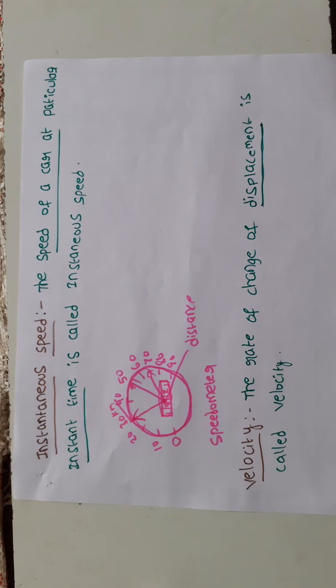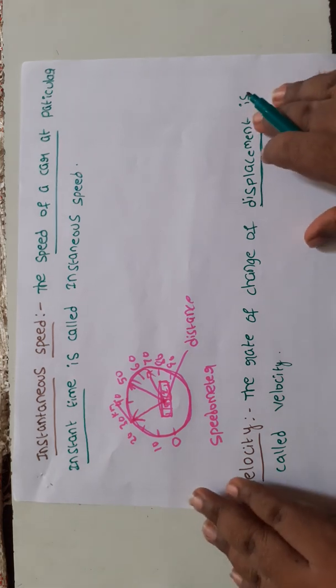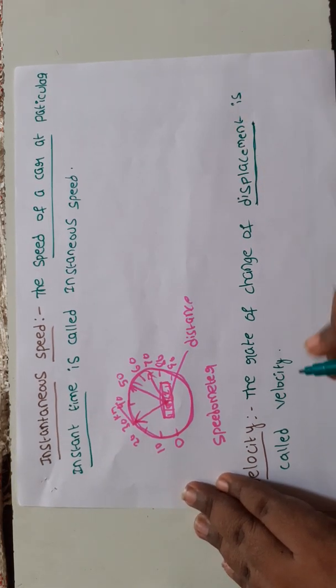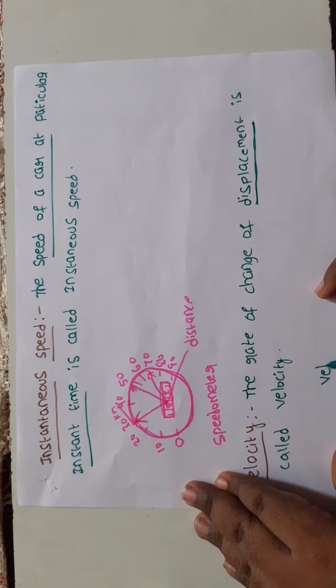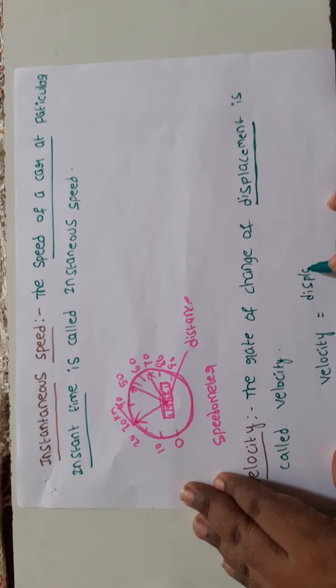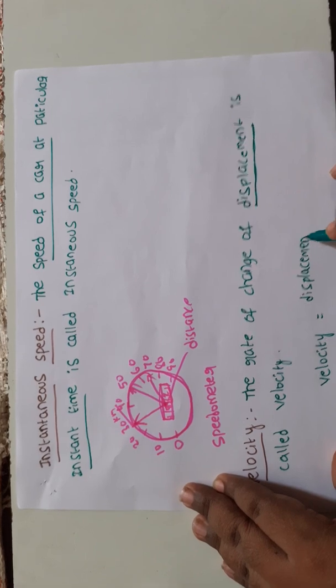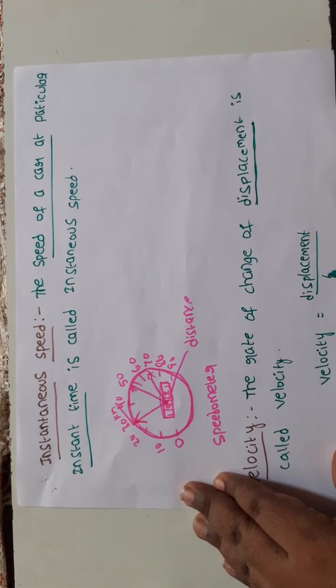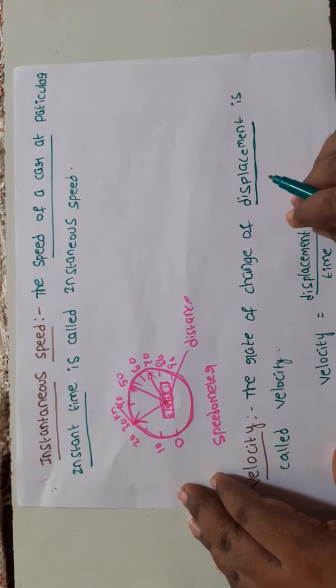Velocity is a vector quantity, speed is a scalar quantity. So what is the formula? Velocity equals displacement by time.